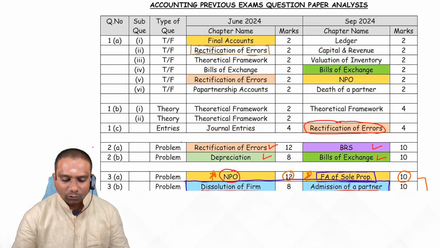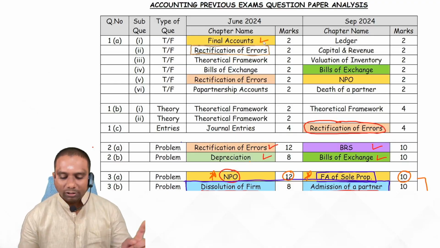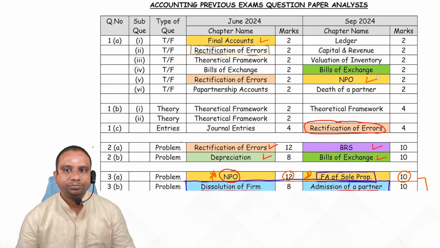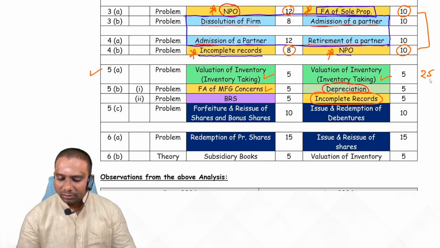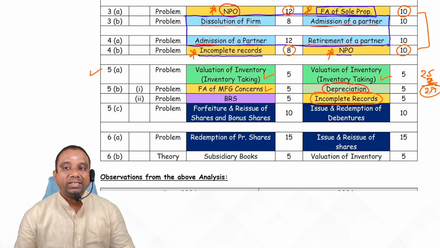Plus, they are asking a question in true or false statements also. Look at final accounts and see the color coding, students. So, put together, from these three chapters they are asking 27 marks approximately. Yes or no, students?